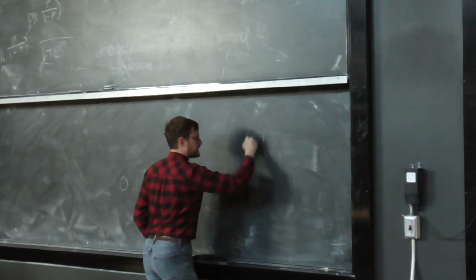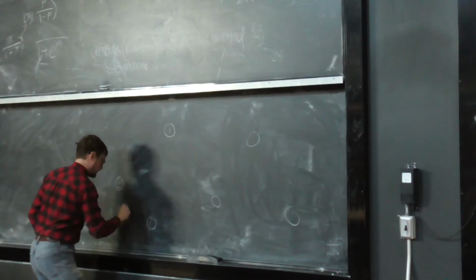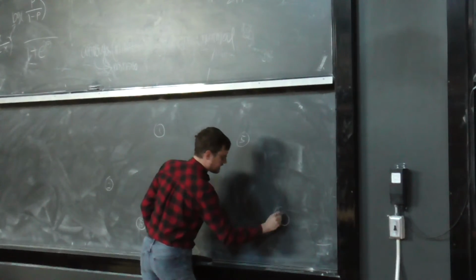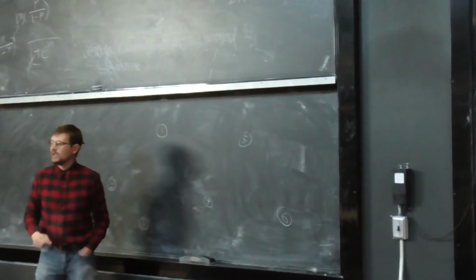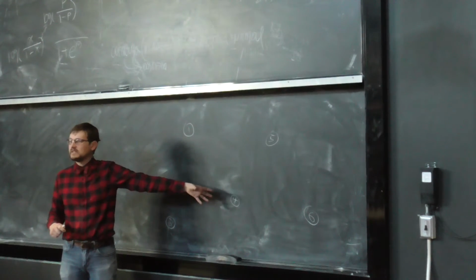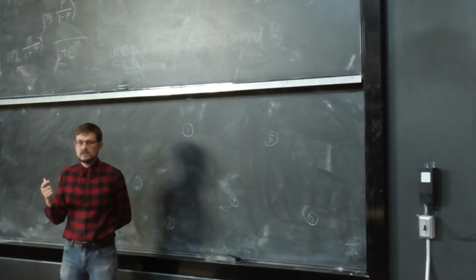You have a series of vertexes, 1, 2, 3, 4, 5, 6. All right. So you have a set of vertexes, each of them being labeled, and you have a set of edges between these vertexes.